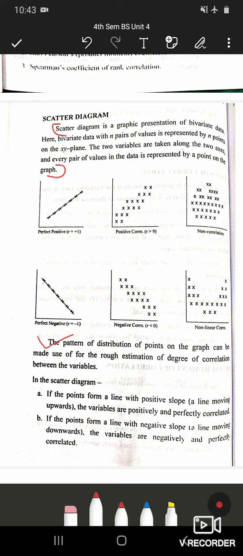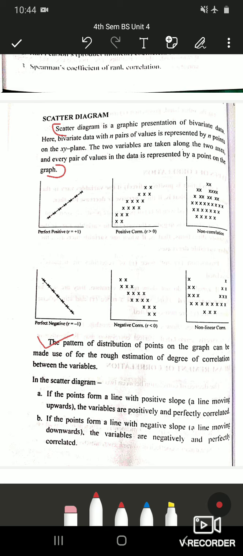So that just by looking at that graph, we can make some conclusion about how is the relationship between the two variables. It is not an accurate estimation, but just a rough estimation. On a rough basis you can say that okay, these two variables are positively correlated or negatively correlated. So it is a rough estimation of the degree of correlation between the variables.